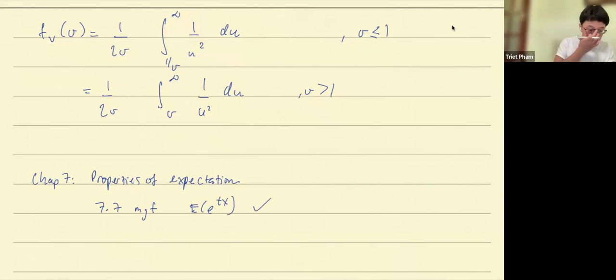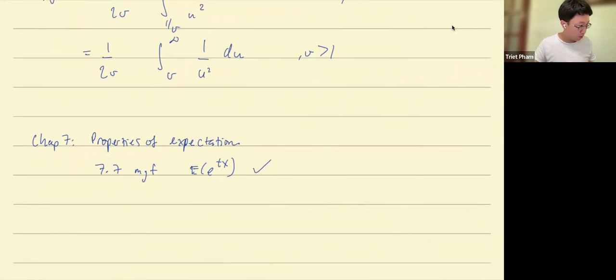But let's move on to, let's see, 7.2, because 7.1 is just a general introduction. You know what? Maybe let me just talk about 7.1 a little bit from my point of view.